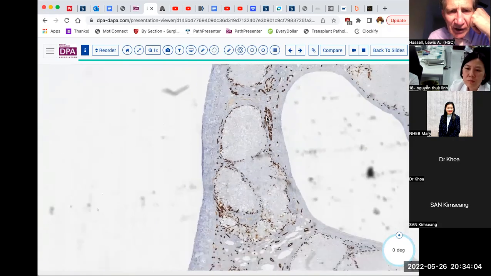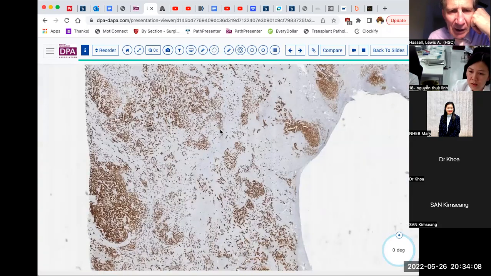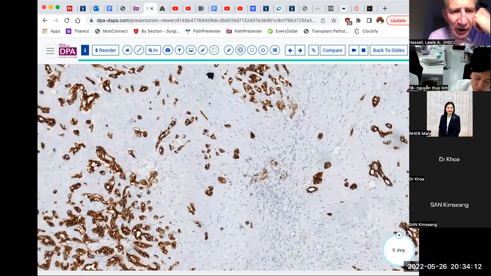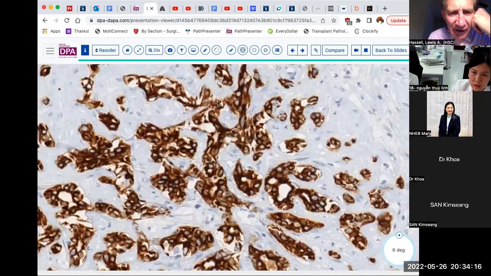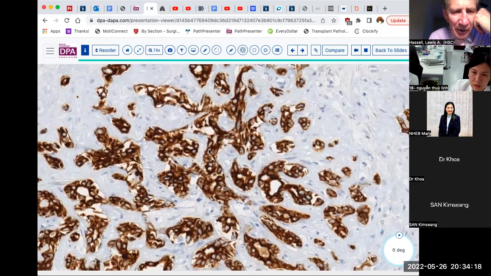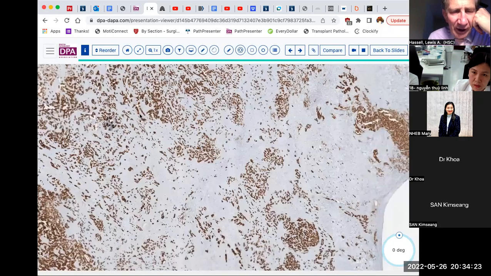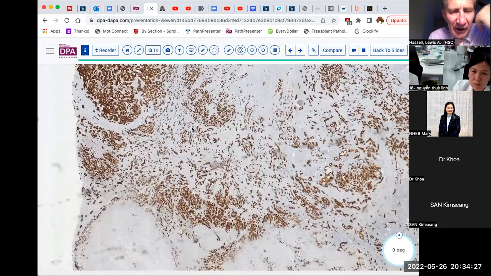So this is pretty good evidence that we're dealing with a cytokeratin, and it's probably cytokeratin 7. As we look at this tumor, we can see that the cells are all nice and strongly positive, as we would expect with a biliary cholangiocarcinoma type of lesion.